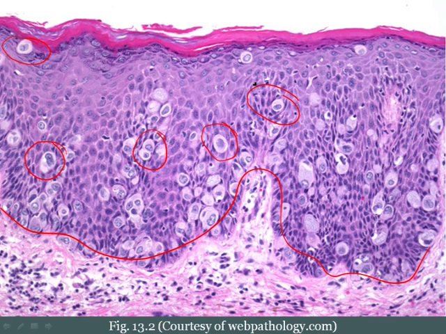Now, what's very important, and I would say the highest yield point about this disease in this location, is that when you have extramammary Paget's disease, the differential diagnosis is carcinoma versus melanoma. Now, why would we think about melanoma here?